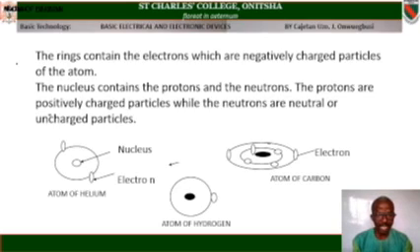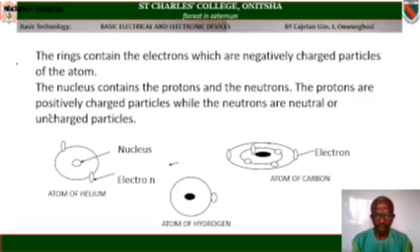As you can see in the diagram, we have different atoms: atom of helium with 1 ring made up of 2 electrons, and the nucleus as the center. The nucleus contains protons and neutrons, 2 protons and 2 neutrons.